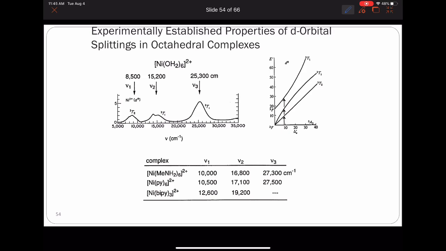You can see then too how the transitions go to higher wave numbers, in other words, higher energies, as the strength of the pi acceptor increases. So again, water being slightly pi donating, we have smaller energies for those transitions. Pi donor, again, is a weak field ligand, resulting in a decrease in delta octahedral.